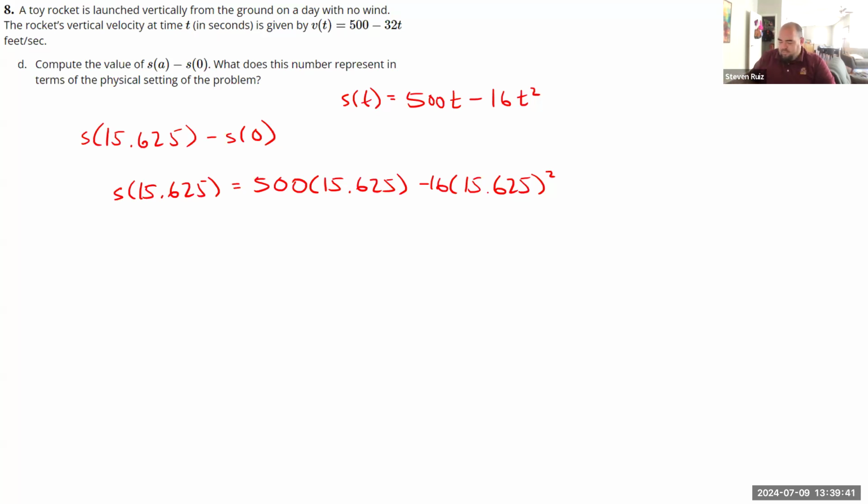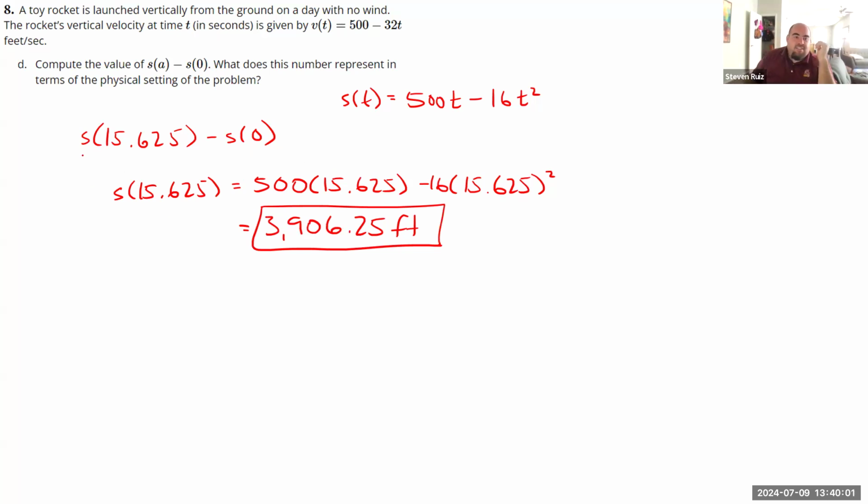I'm getting a number that seems a little bit familiar. So this comes out to be 3,906.25 feet. So what does that number represent here? Well, we found a position function.